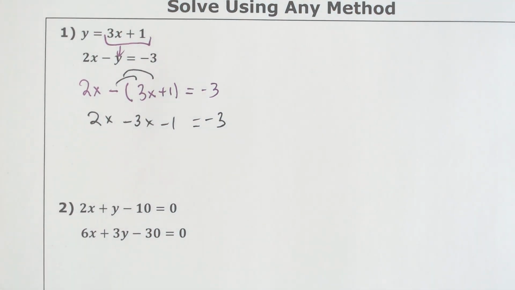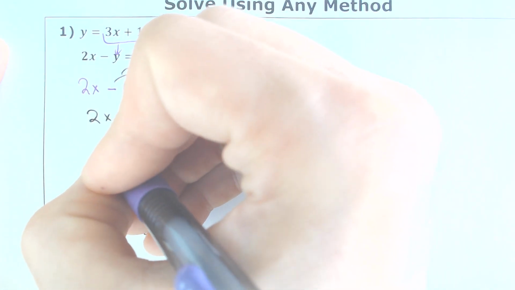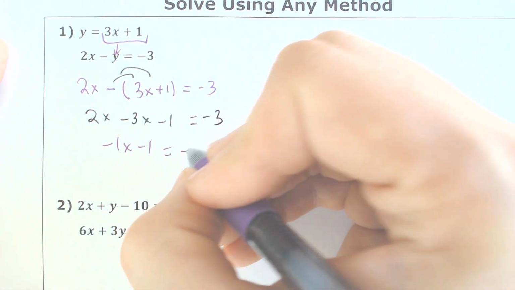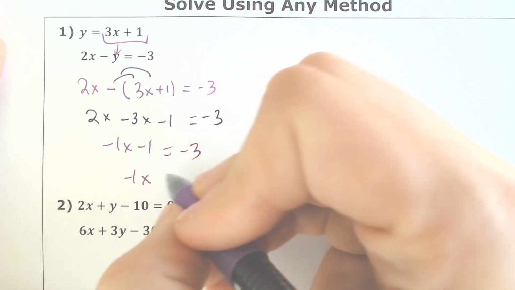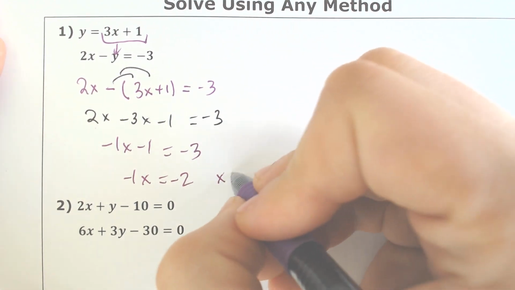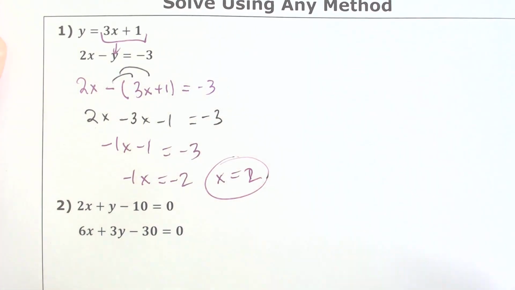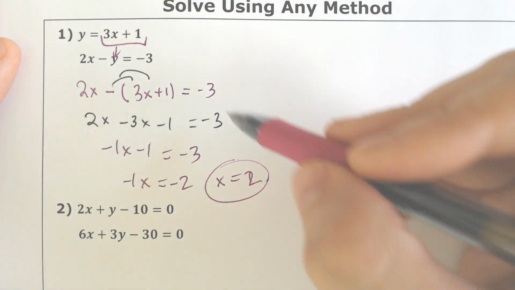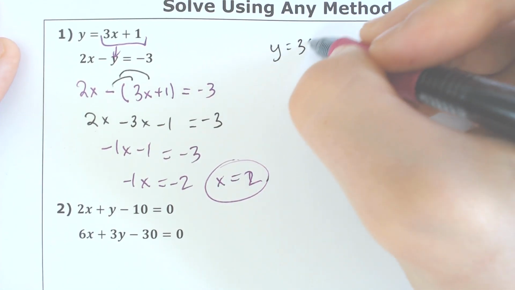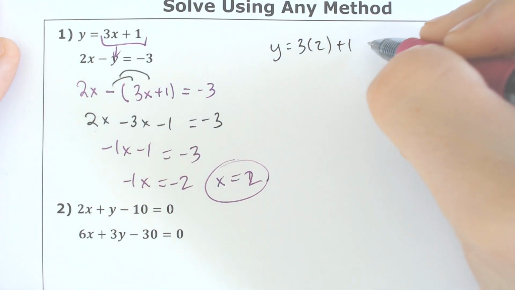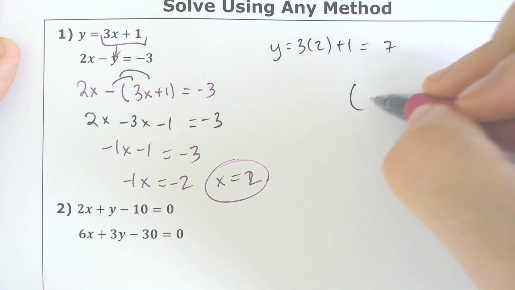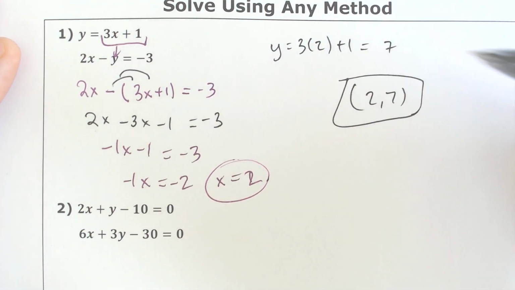So these three problems right here are either unique scenarios or problems that you might make a mistake on, in addition to having to choose which method to use. 2x minus 3x is equal to -1x, minus 1 equals -3. -1x equals -2. x would equal, not 1, 2. Plugging that x back in, y would equal 3 times 2 plus 1, which means that y would equal 7. You got your point at (2, 7) for your solution.